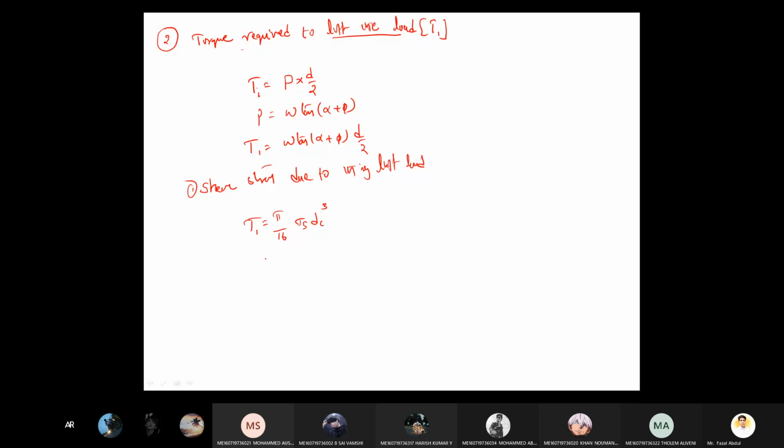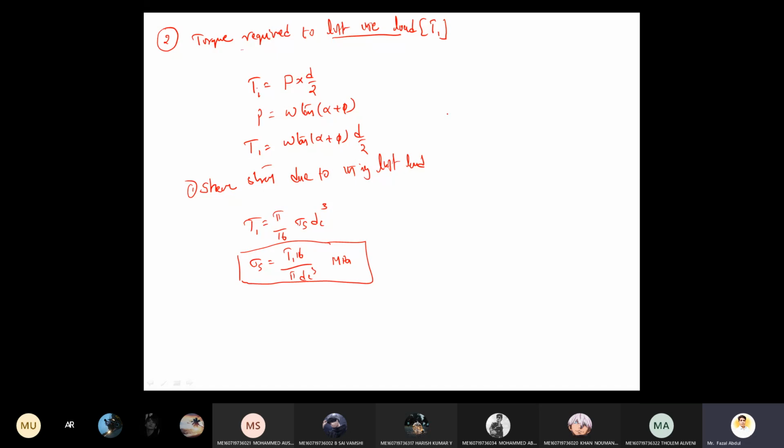With this, the shear stress sigma s is calculated as 16 T1 by pi Dc cubed. This is calculated in terms of megapascal. Right, we calculated this one.